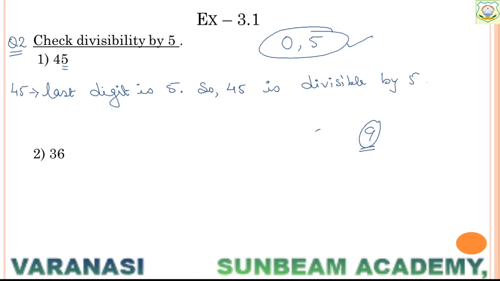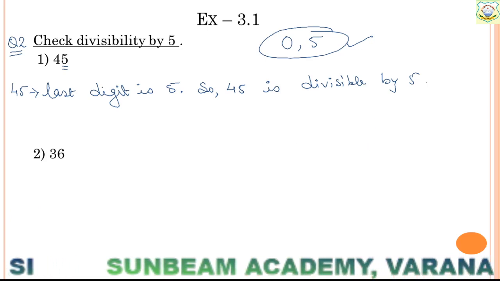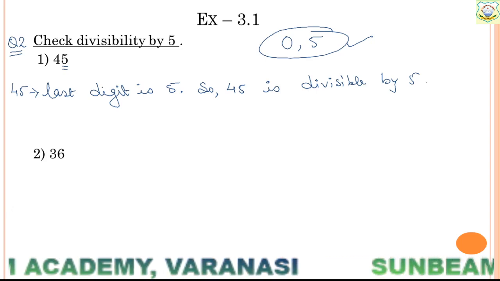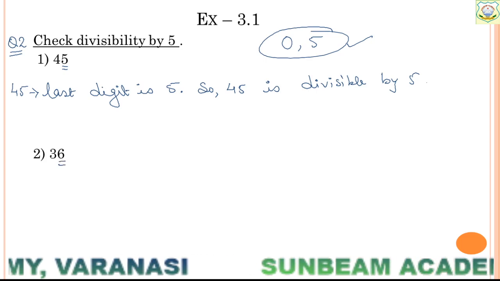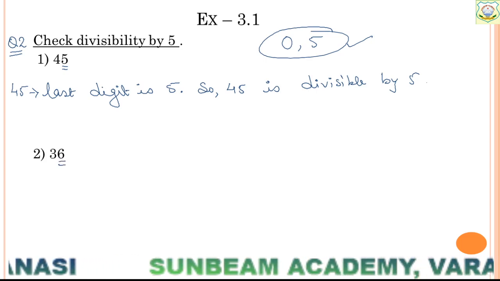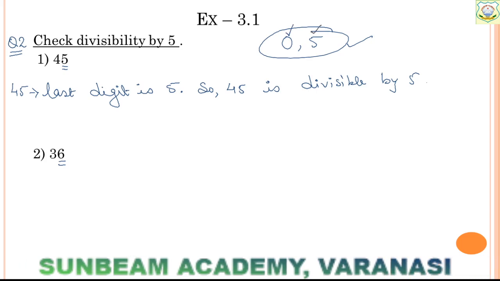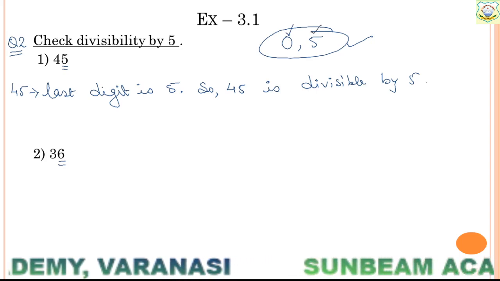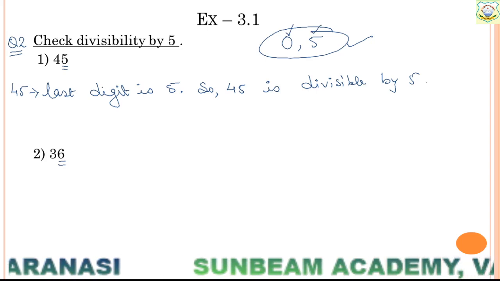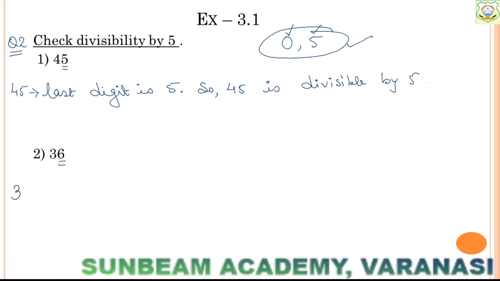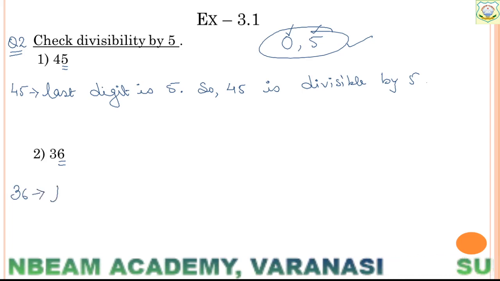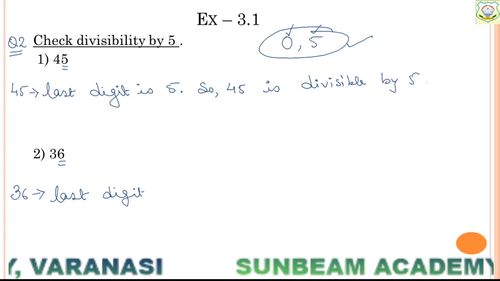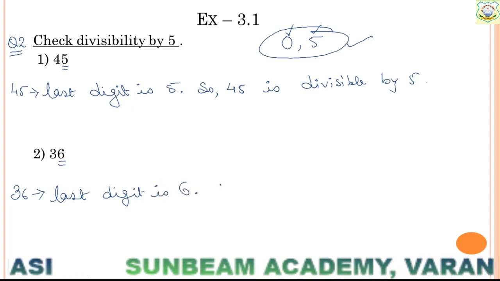So first note down the question number 2. Question number 2 is 36. So now see here the ones place is 6. So here what's the rule? If the number has 0 or 5 at the ones place, then only the number will be divisible. So that means 36 is not divisible. So let's start. We will write last digit is 6.